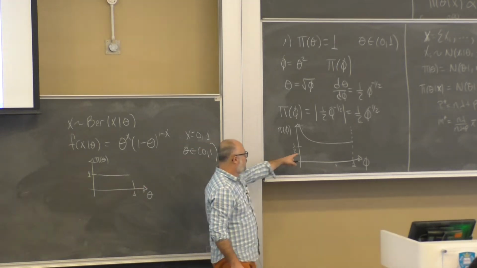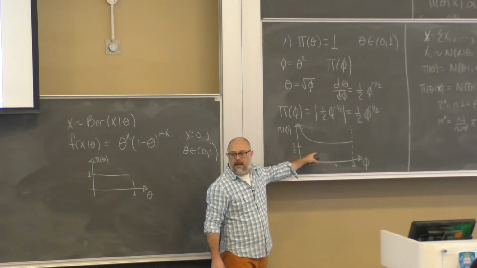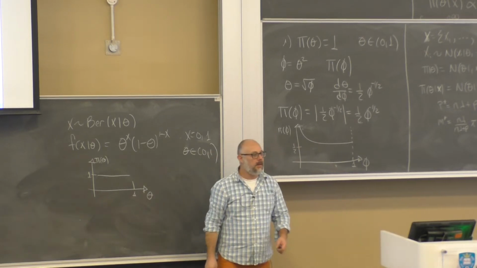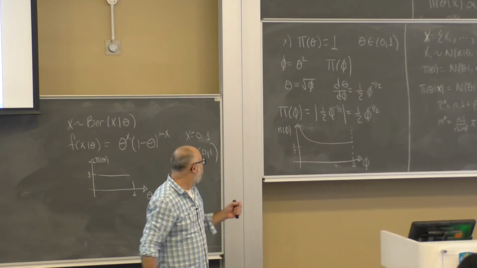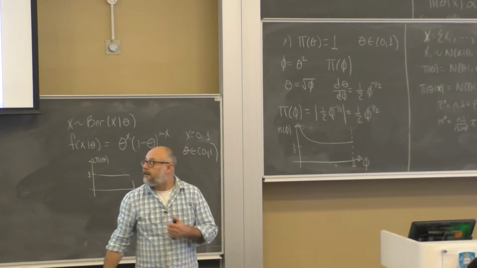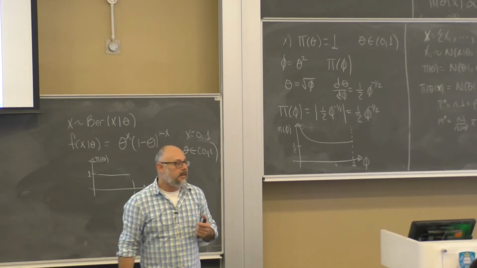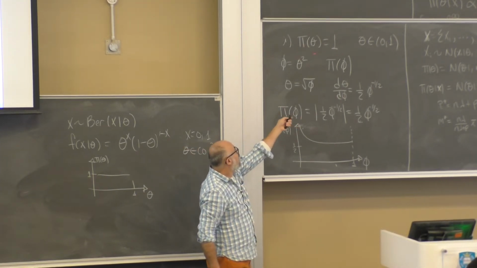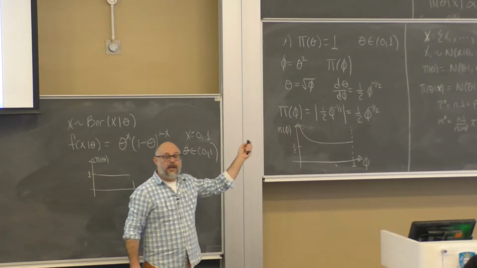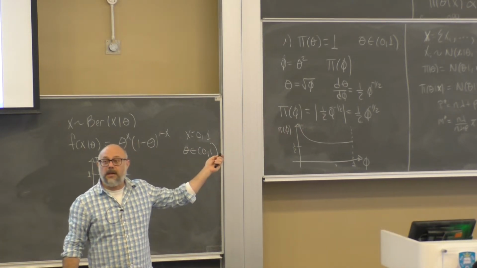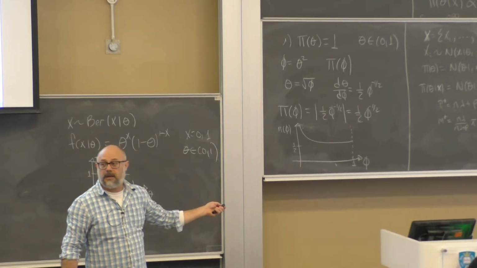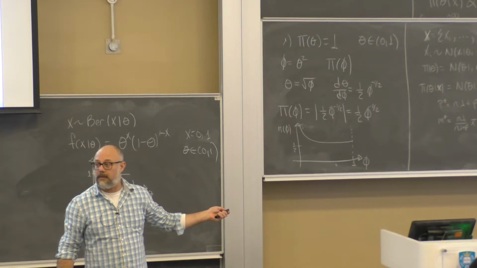Point is that this clearly is not constant, right? This will assign larger probabilities to smaller values of phi. Okay? So what this means is that if you think that a flat prior is non-informative, it might be non-informative in theta, but it's definitely informative in a function of theta, right?